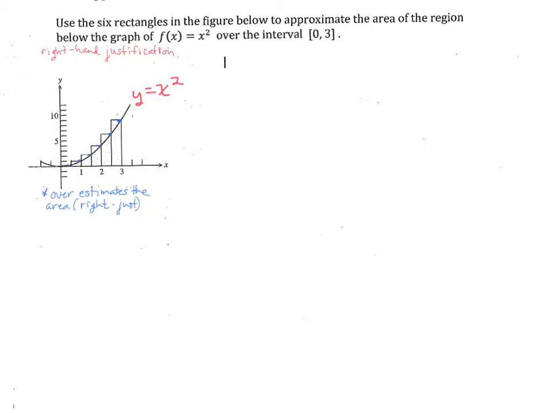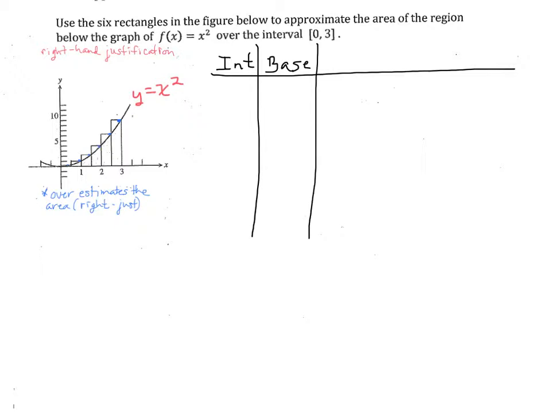We're going to look at the interval, and we're going to find the width of the base and the height of each of the rectangles. What's the area formula for a rectangle? Base times height. So I need to know the width of my base and the length of my height, although they're one and the same.